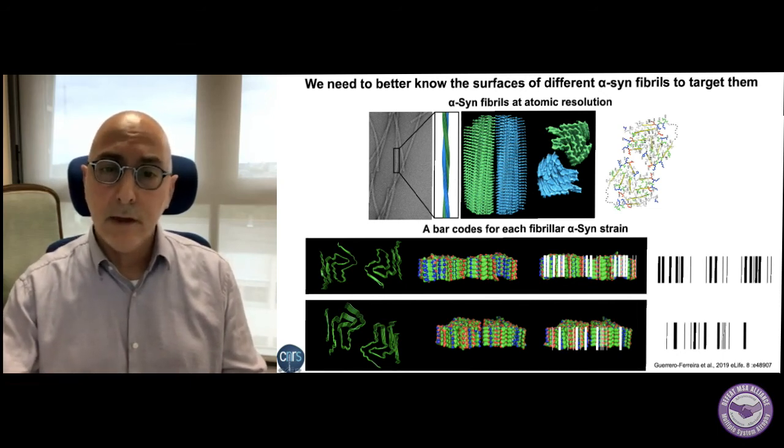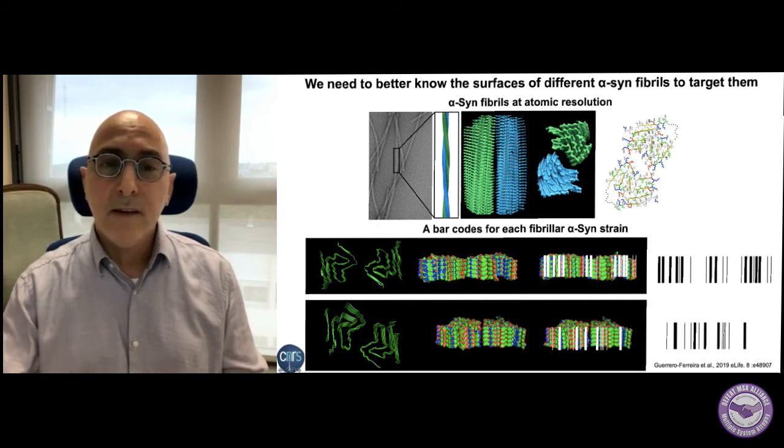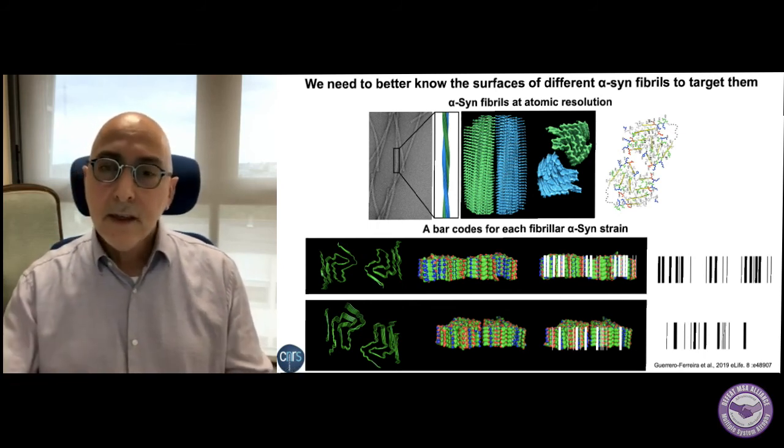Here you have a larger view. Each molecule of alpha-synuclein is represented, and you could compare this to a stack of plates.